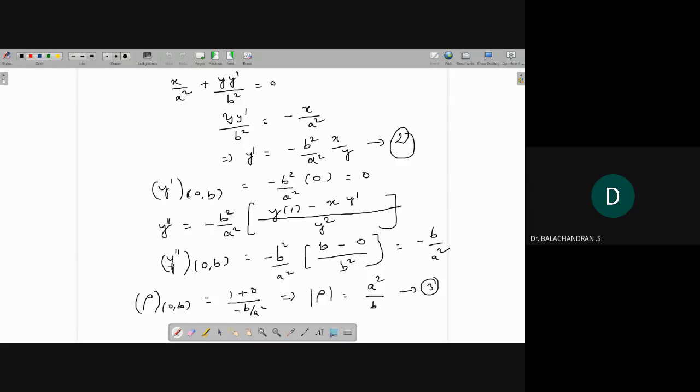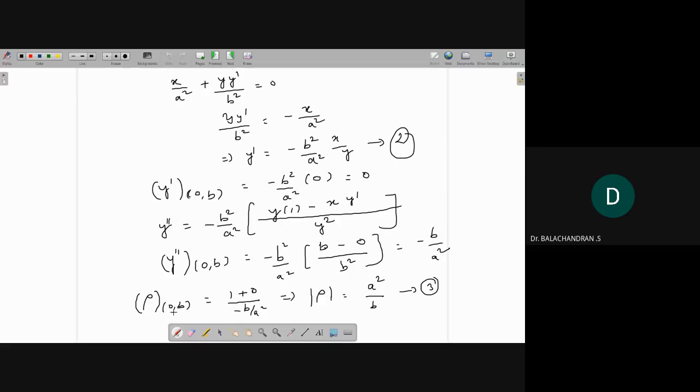Now y double dash at the point 0 comma b. So x is 0, y is b. This is constant. So y is b, x is 0, and again y is b square. So b square gets cancelled. So minus b by a square. So y double dash at the given point is minus b by a square. Now we need to find rho.